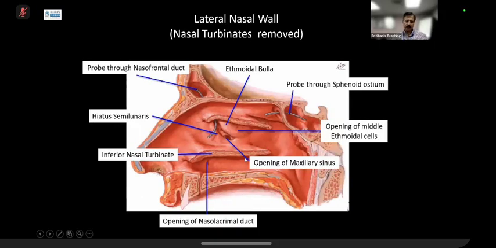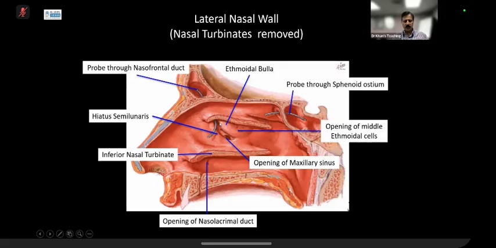Now in this diagram, we have removed the turbinates, and now we are looking at the lateral wall of the nasal cavity. And this lateral wall is the key thing to learn, because on the lateral wall are key landmarks.